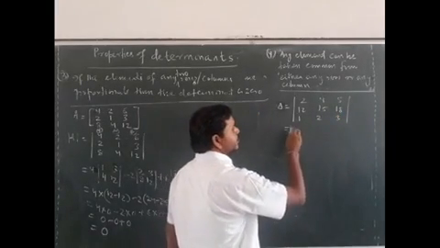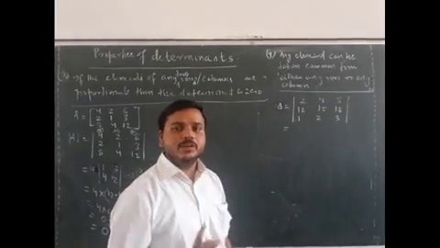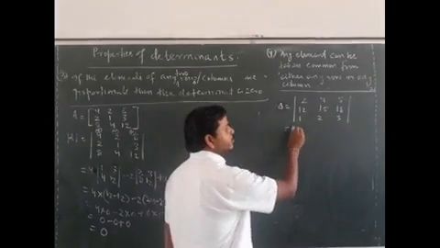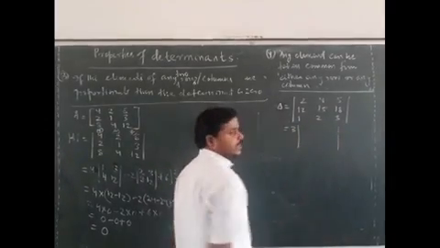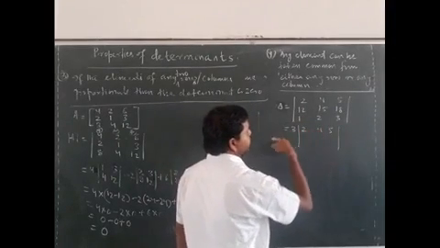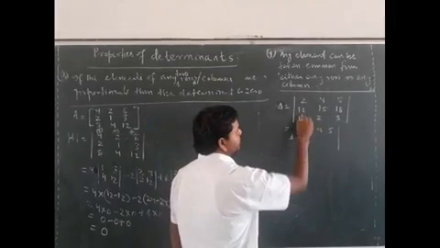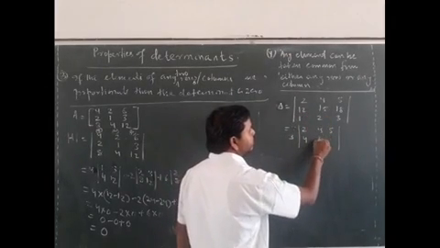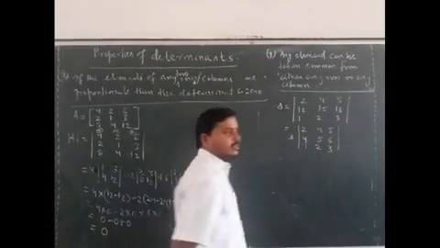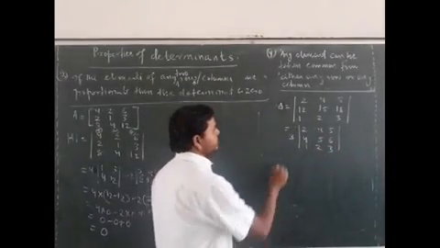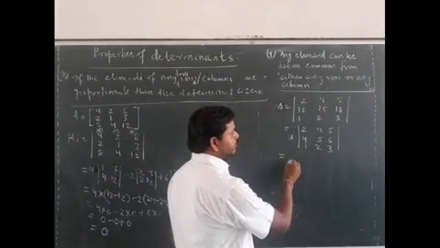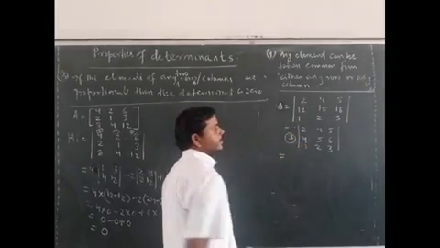So if I take 3 common, remember you take common from either any one row or any one column, not from all the elements. So this is 2, 4, 5, taking 3 common from the second row. What is left here? 4. I have taken 3 here, 5, taken 3 here, it will be 6. This is 1, 2 and 3. Okay. So this makes things simpler and I can solve it by taking the value of the determinant. So these 3 I can take outside.